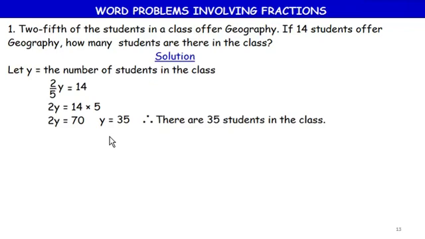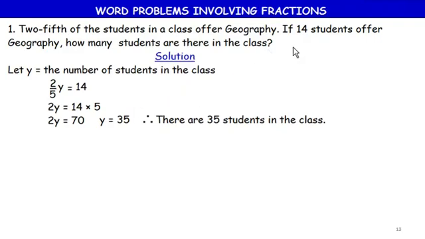So you see how we have interpreted this word problem in a mathematical form. You just look at the wording. Whenever you see of, it means multiplication. Whenever you don't know the value of a particular item, you just represent it by any letter.